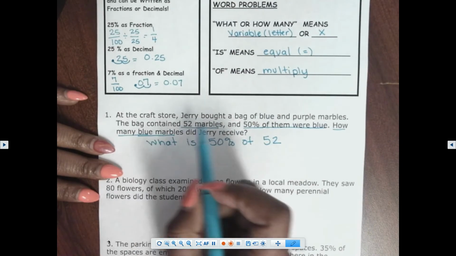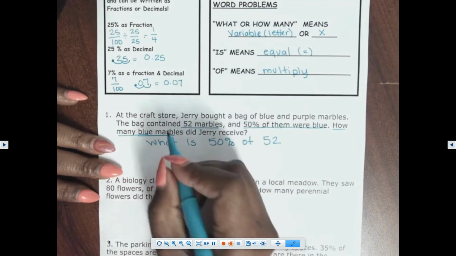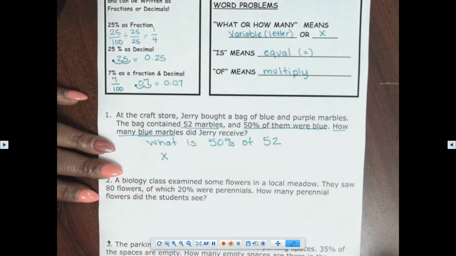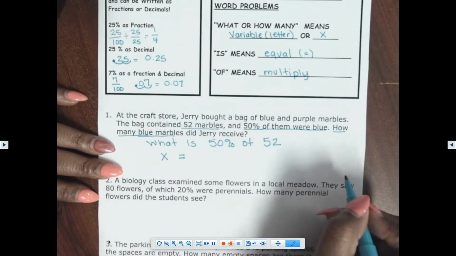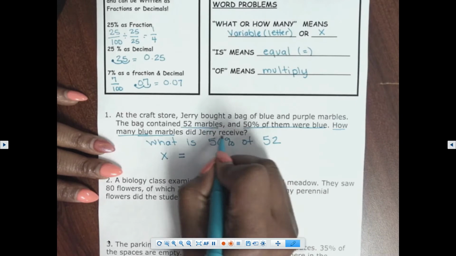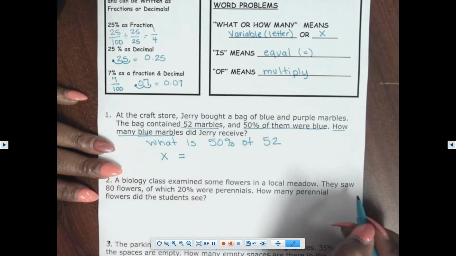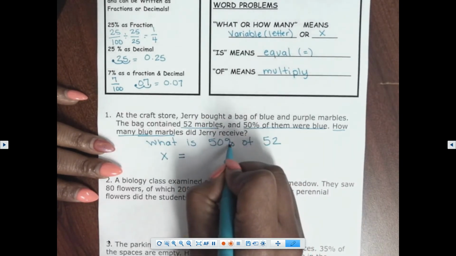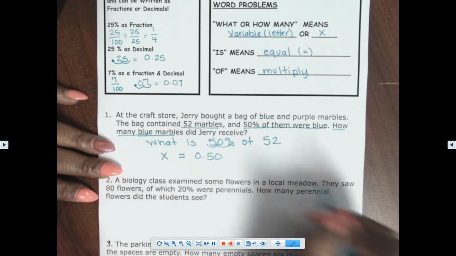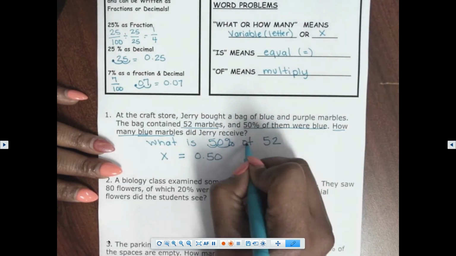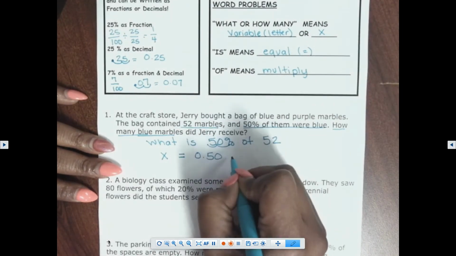Like we said before, what or how many represents our unknown X. Is was the equal sign. For 50%, we have to change this percentage into a decimal. Remember, move it up twice, so that is 0.50, or you can use the fraction. Of means to multiply.